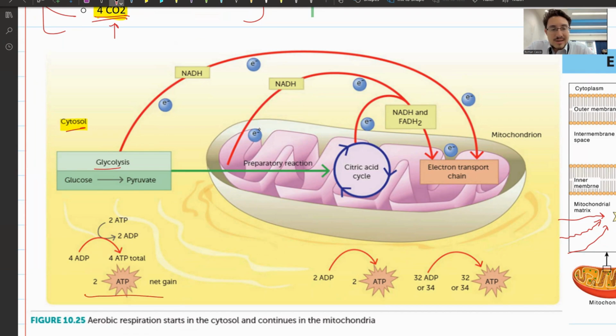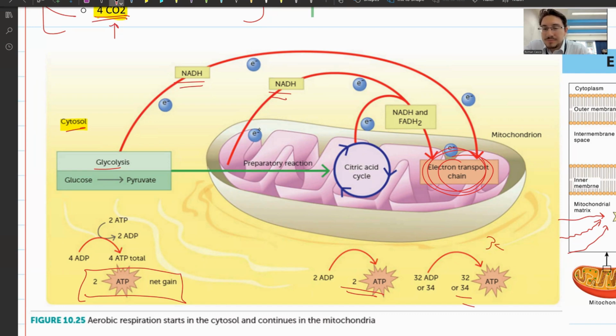Here, you get a net gain of 2 ATPs. Citric acid cycle, you have also a net gain of 2 ATPs, but they're more GTPs, right? You're getting NADH formed, electrons passing by. Ultimately, everything will condense into the electron transport chain, and that is where you get the majority of ATPs, right?